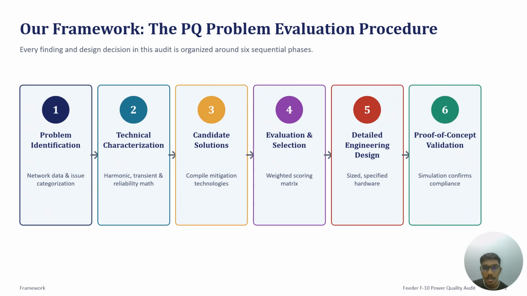Phase four is evaluation and selection using a weighted scoring matrix to pick the best package. Phase five is detailed engineering design, where we size and specify real hardware. And phase six is proof of concept, where simulation confirms the design achieves compliance. This same six-step logic structures the rest of the presentation.